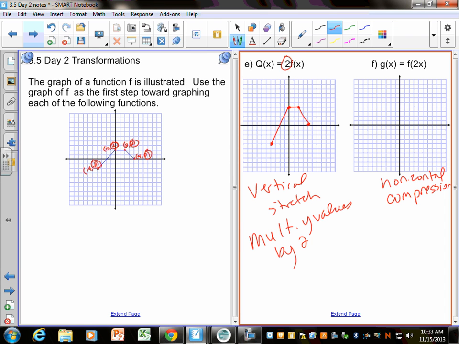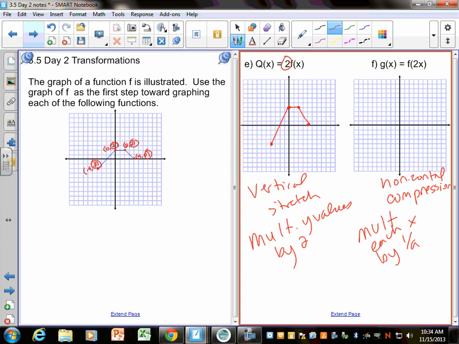Okay, hold on, don't do this yet. Multiply each x by 1 over a.